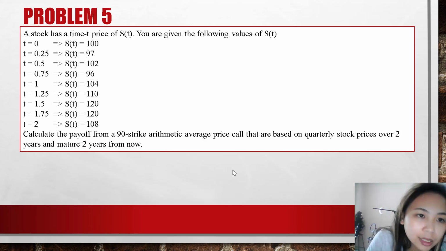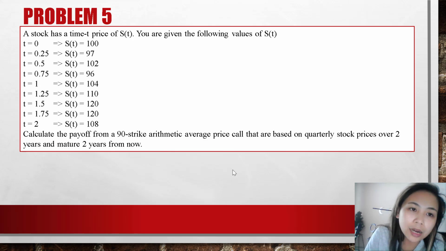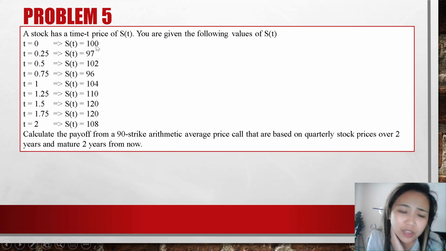So here we have a data set of 9 different values. However, in order to calculate the average for the arithmetic average price call, we do not count the initial time because the stock is issued at time 0. So we have to ignore the number 100. Now, in order to find the payoff, we first have to find the arithmetic average price.